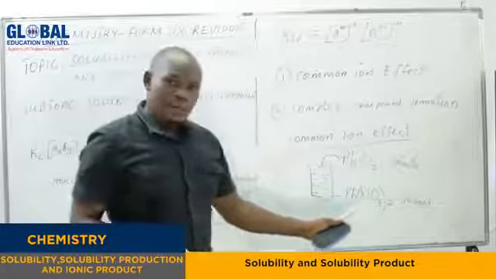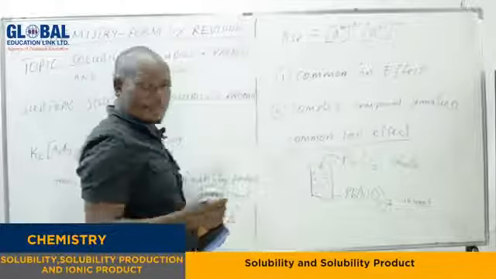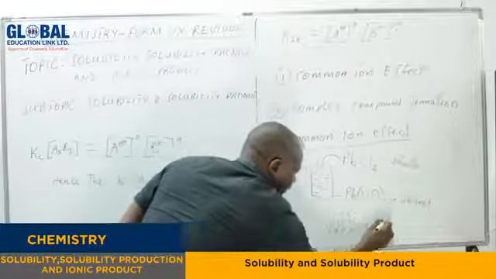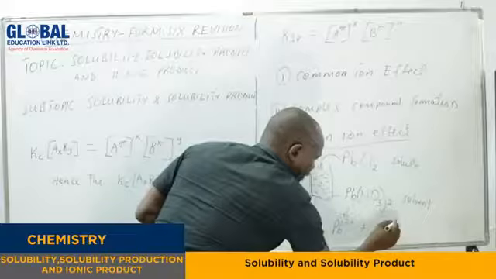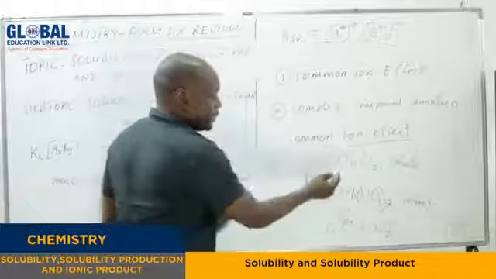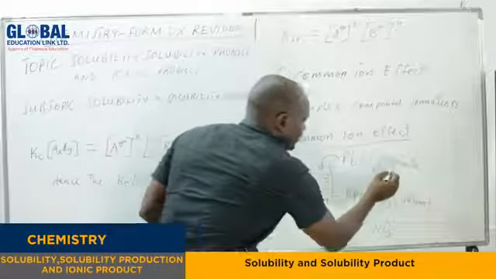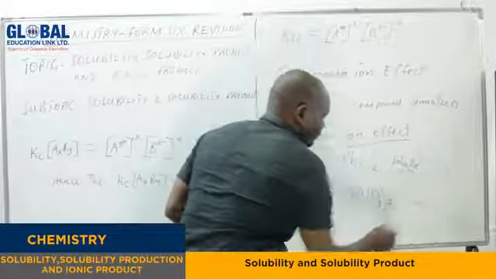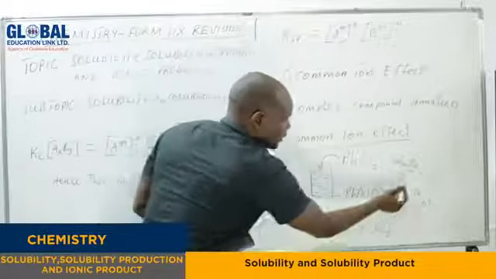Now the ions present inside the solvent are lead and nitrate ions. What is being added, our solute, contains the ions lead and chloride. So do you see now what is common here? The ion which is common is lead.